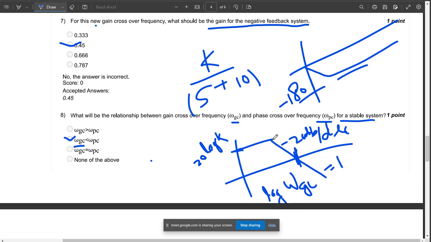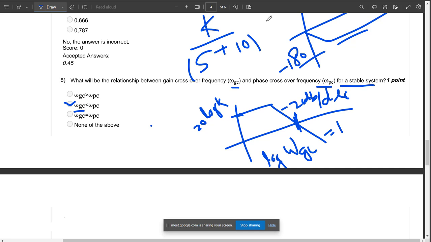Ma'am, here I am not understanding the decade part. What does it mean? It's a unit for a Bode plot. Okay, dB I understand, but dB per decade? Yes, that is how we represent a Bode plot. Have you read Bode plot? Still I have not read. See, now it's a slope, right?